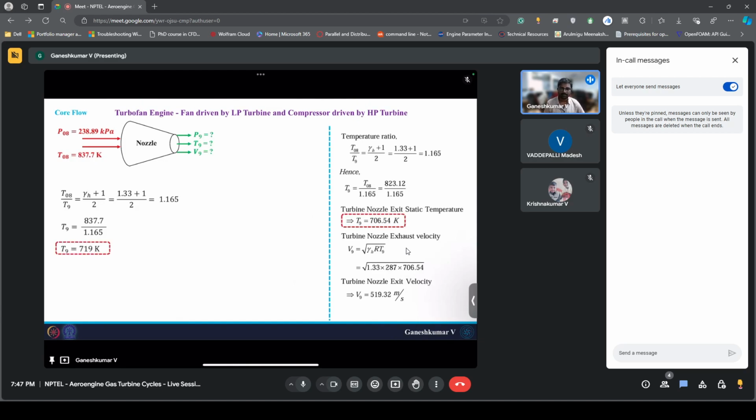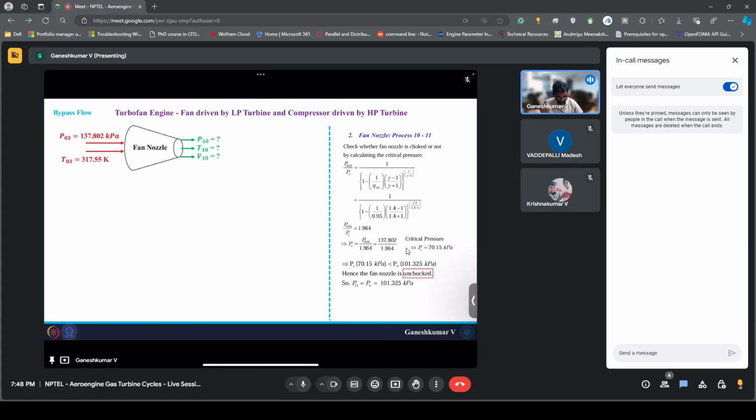So it is around 719 Kelvin, which is a little bit higher than configuration 1, and hence the velocity will again be higher than configuration one. The turbine nozzle exit velocity is 523.9 meters per second for our configuration, compared to what we solved in the lecture, which was 519.32 meters per second.